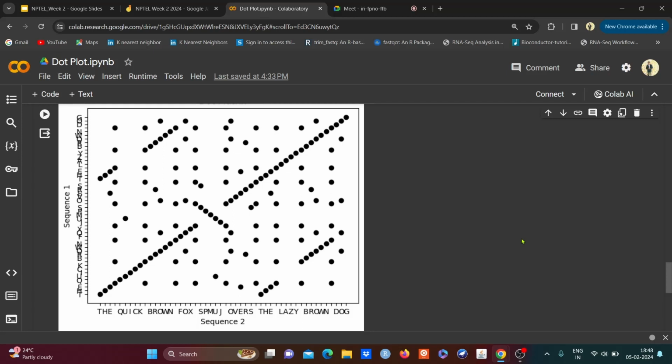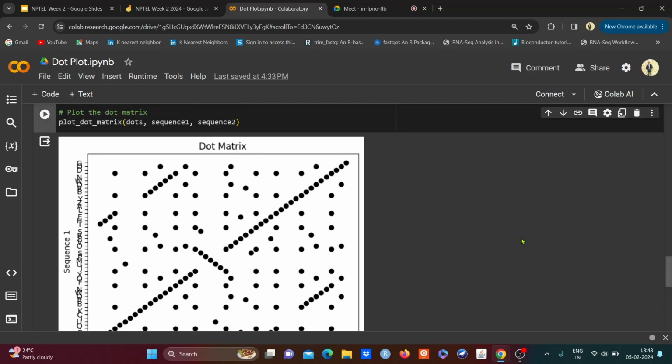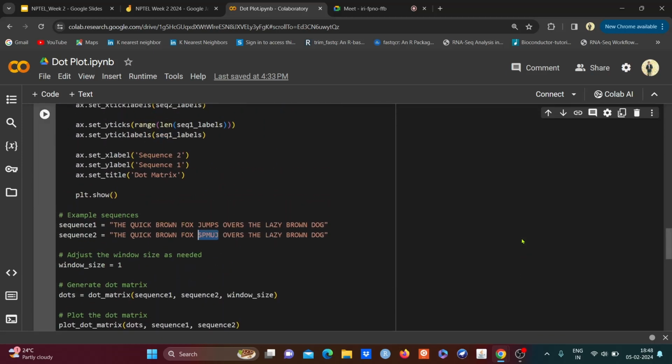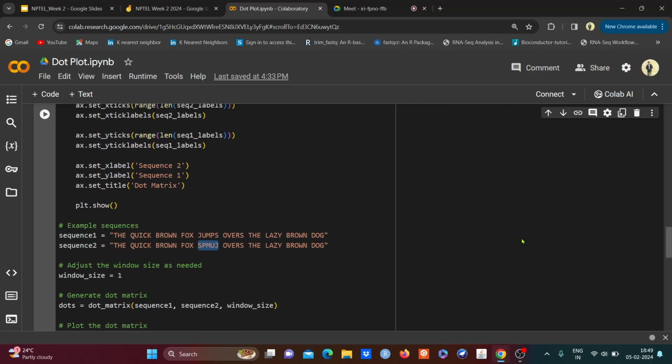You will see a similar interface, and then you can work on this code. You can change your input sequences however you want for your understanding. Here I have taken smaller sequences so that it will be easy to explain.